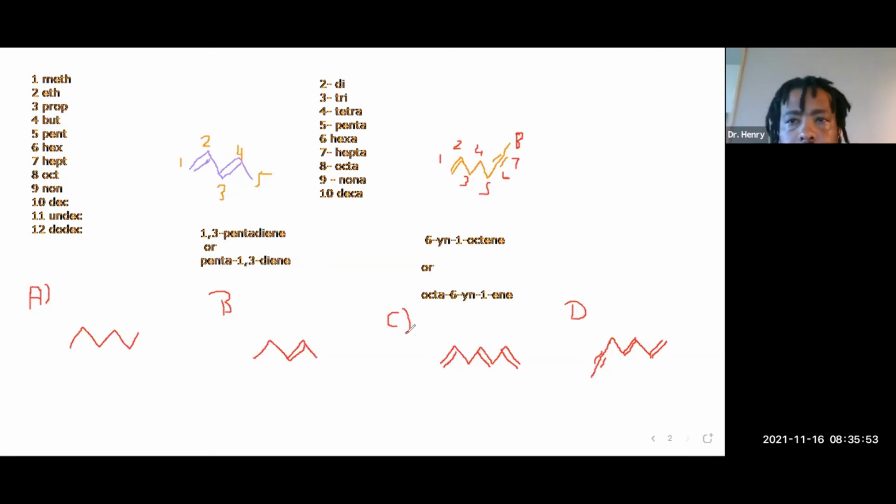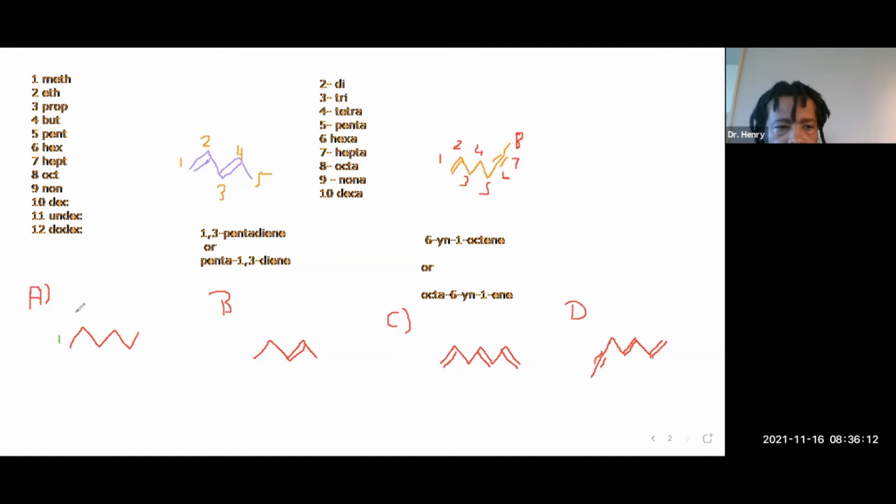Okay, so let's start off with the first one, A. The first thing that we want to do is to do what? Okay, count the carbons.